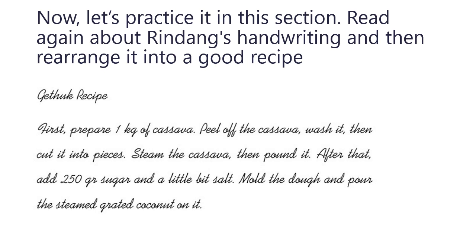What you guys need to do is rearrange this handwriting into a good recipe. Okay? So what you need to do is to write down a good recipe about getuk recipe from this Rindang's handwriting. Okay, using the generic structure, using the language features of this procedural text.